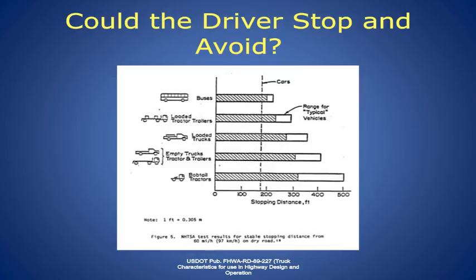You're talking about 250 to 260 feet. Empty trucks, even longer, and that's your tractor trailers that are empty. You're looking at roughly 315 feet. And your bobtail trailers take the longest. And again, that's 330 feet roughly in order to stop from 60 miles per hour.